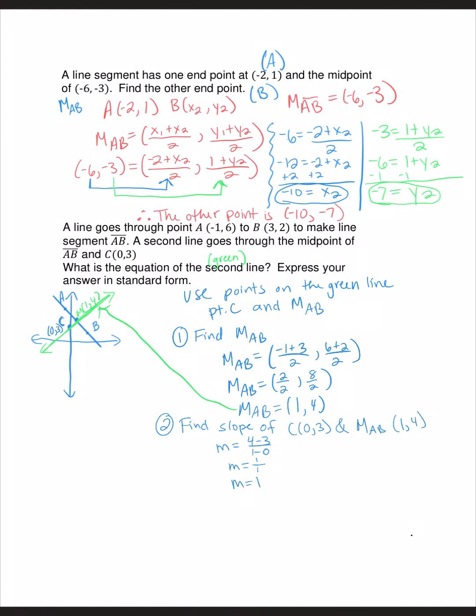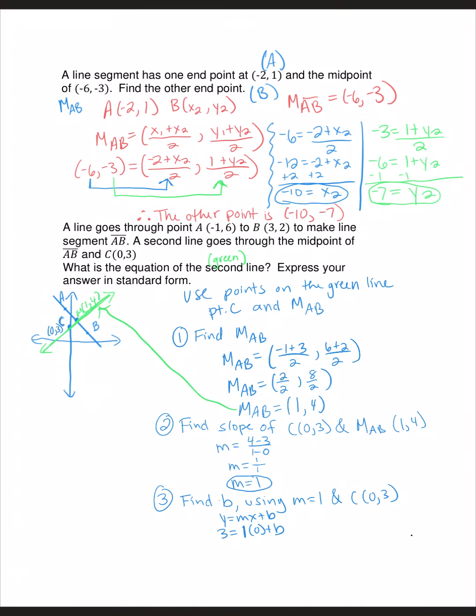All right, so we have our slope. That's part of being able to write the equation of a line, but we also need our y-intercept. So let's find our y-intercept, or find b, and we will use our slope, which is m equals 1, and we're going to use a point on that line. Let's just use that point we already have, which was (0, 3). So if we plug into y equals mx plus b, I know my y is 3, my slope is 1, and my x is 0, and we're trying to find b.